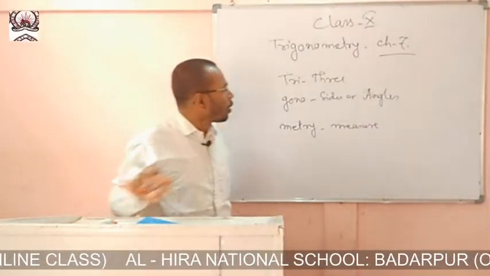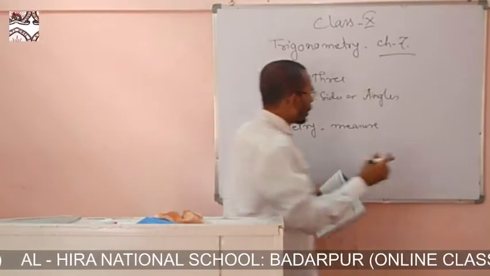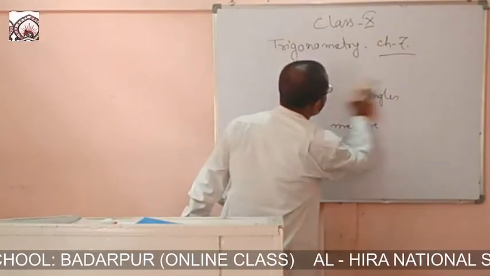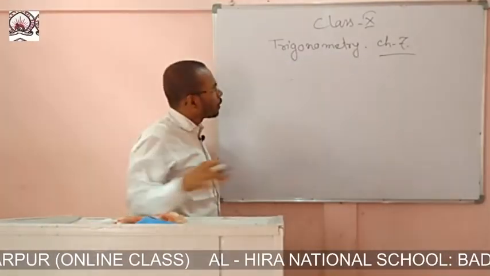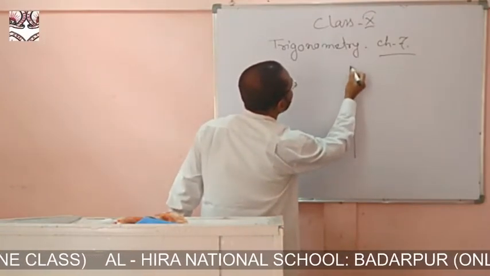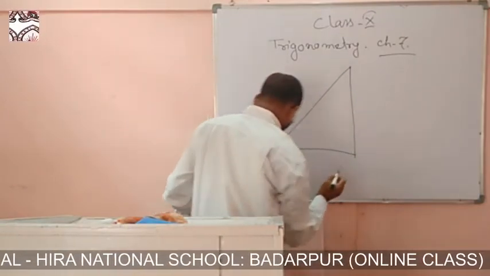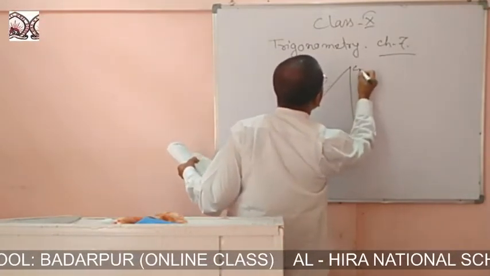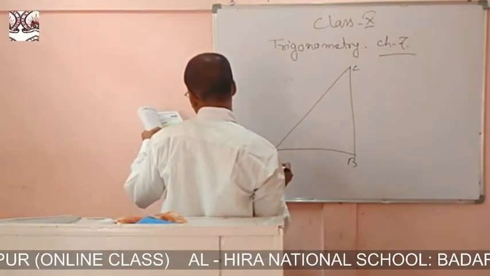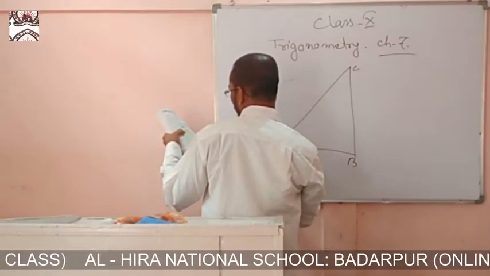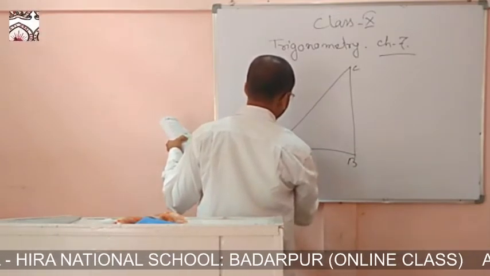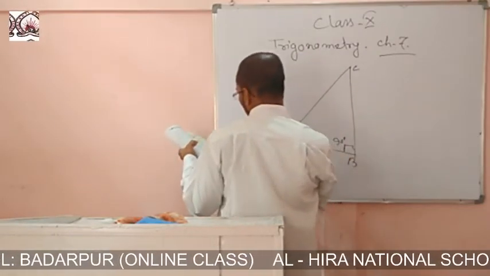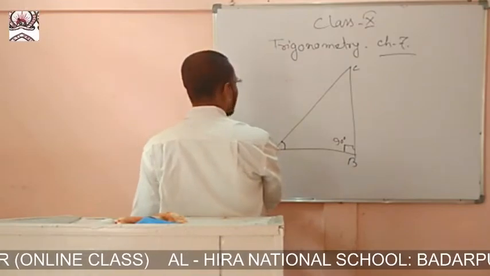In plane trigonometry, suppose this triangle is a right angle triangle, with vertices A, B, C. If we take this angle A, and this one is a right angle, then there are some ratios, trigonometric ratios.